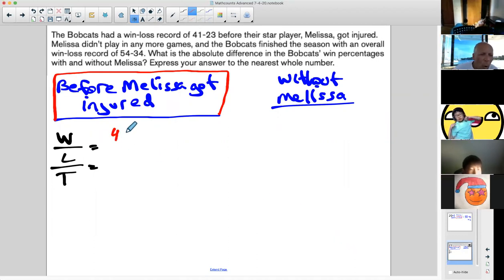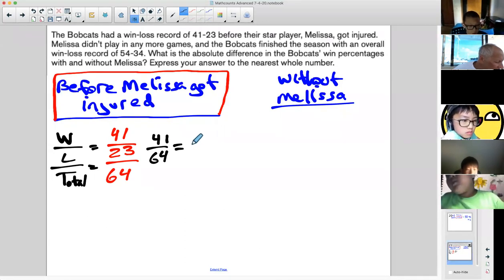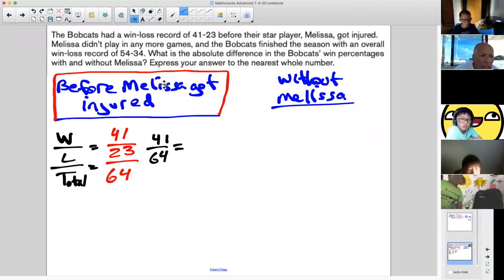If they got 41 wins, I divide 41 by 64. Do you guys all see the way I wrote this ratio? Wins to total. And 41 of 64 is going to give me, guys, the percentage before Melissa got injured. Now, who can tell me what percent that is?